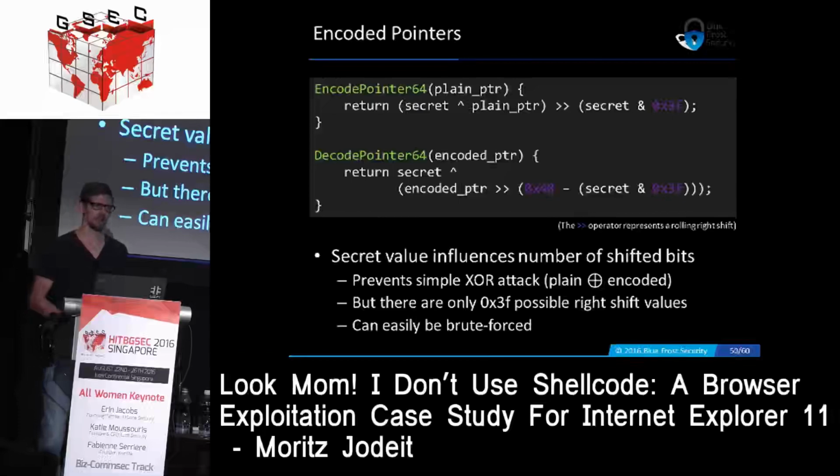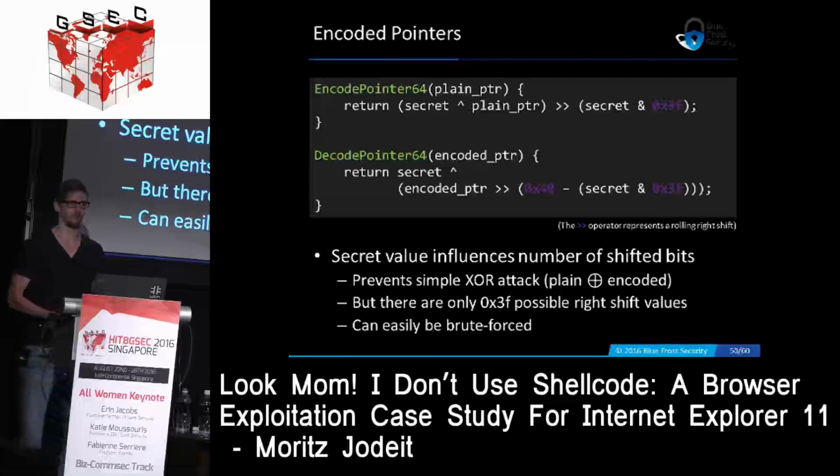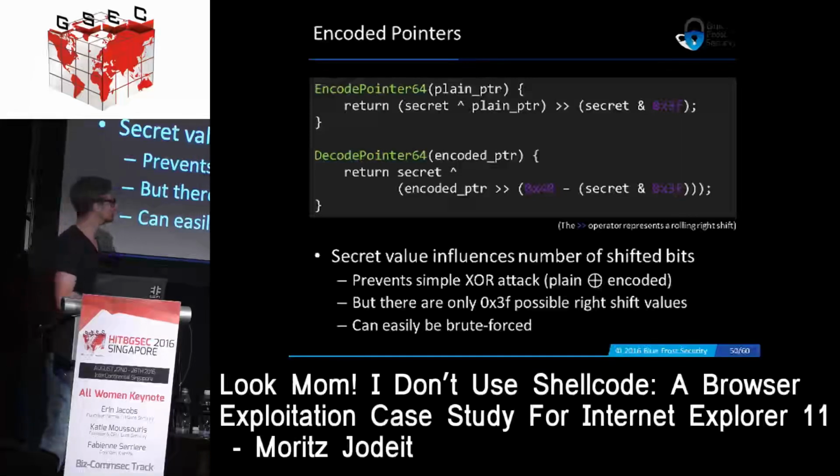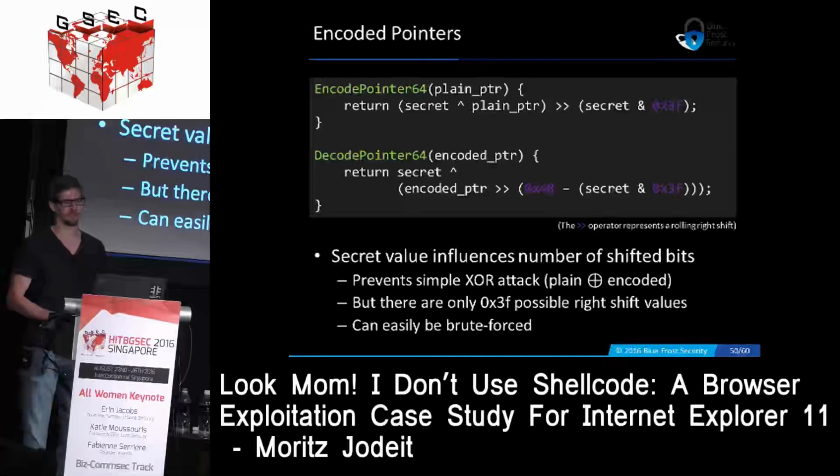This is some pseudocode for the 64-bit version of these functions. What they do is they take the plain pointer, XOR it with a secret value, and then right shift the whole result a certain number of bits. And the number of bits it's right shifted depends on the secret value.